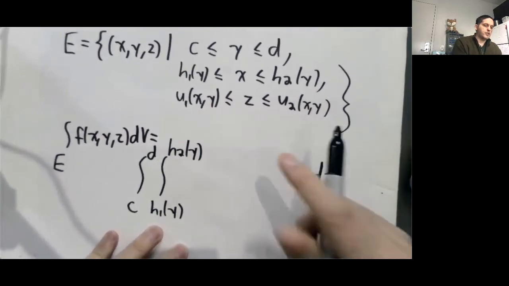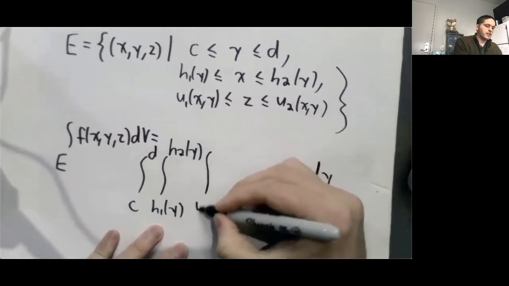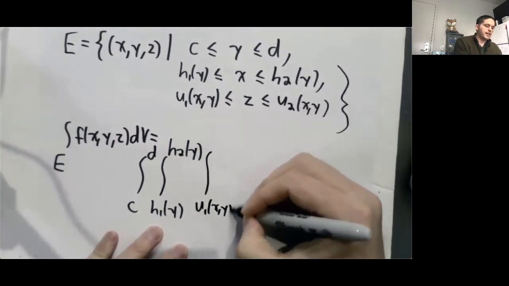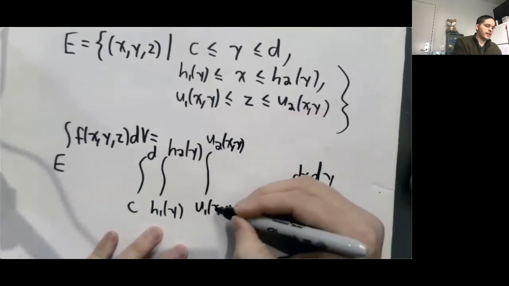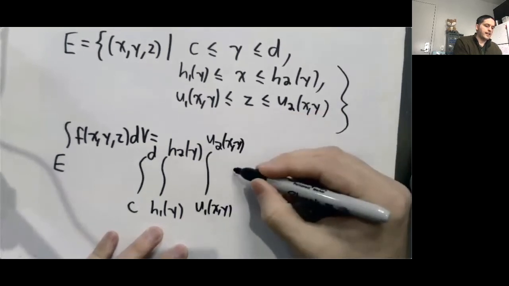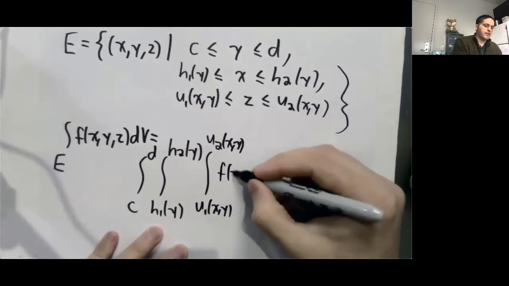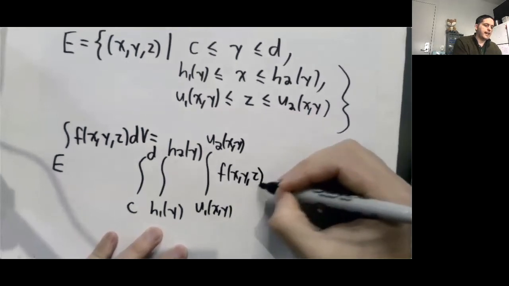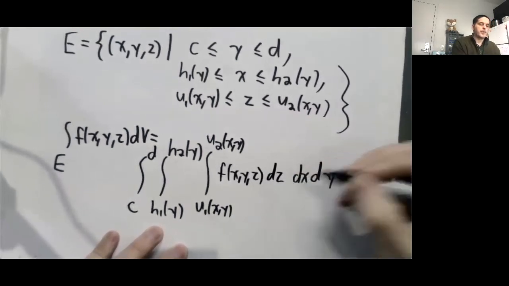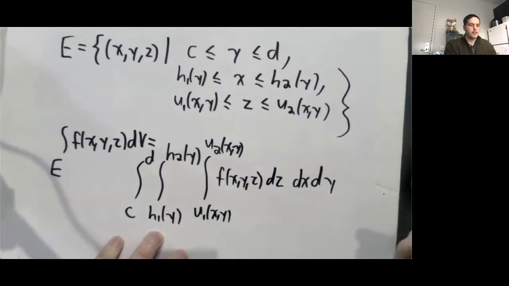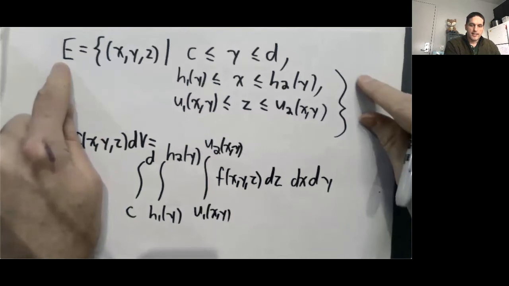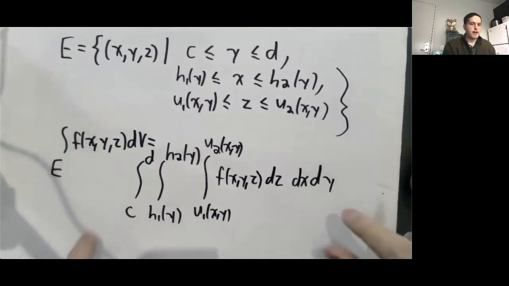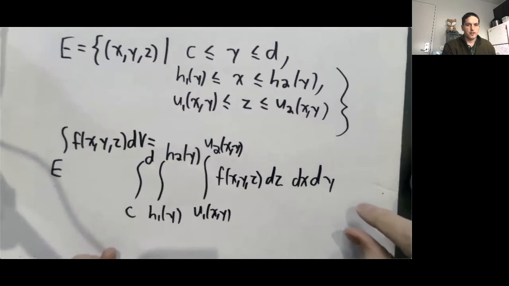And then the innermost integral is from u1 of x, y to u2 of x, y, and we're integrating f of x, y, z, and the innermost integral is with respect to z. So once you've described your solid region according to this pattern, then you can just write down your iterated integral. You can write down your triple integral quickly.